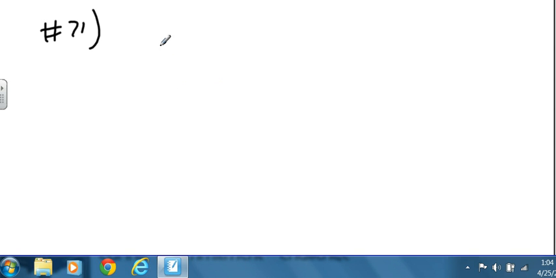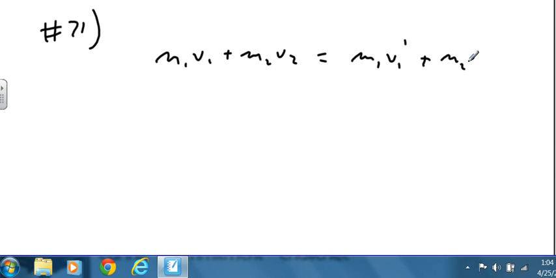Alright, well, mass 1, velocity 1 plus mass 2, velocity 2 has to equal mass 1, v1 prime plus mass 2, v2 prime, where that's after the collision.